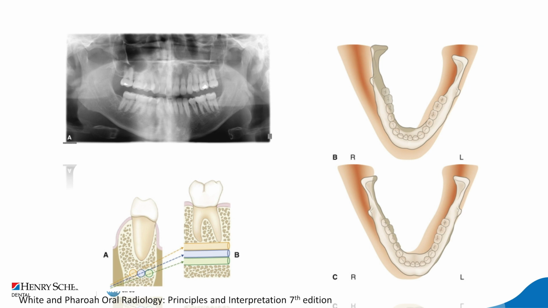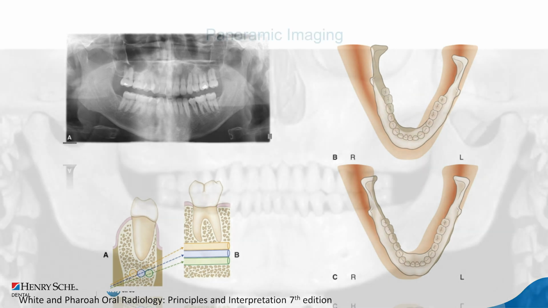So it might end up with very serious consequences for your patient, such as numbness or injuries of the mandibular canal and of the nerve. So you don't want that. So it's not a good exam for treatment planning of implants.